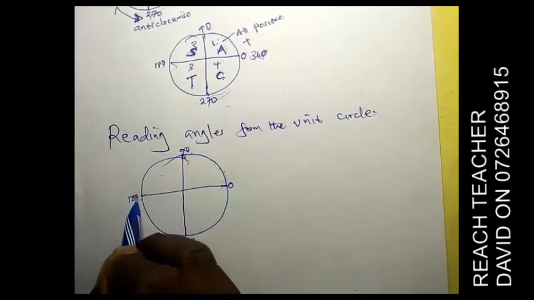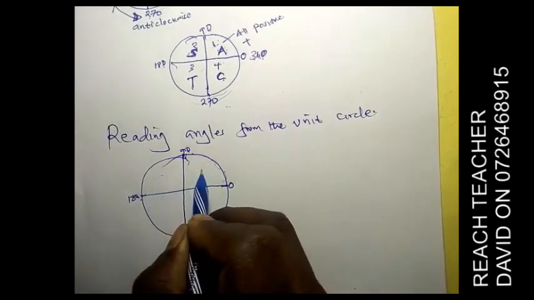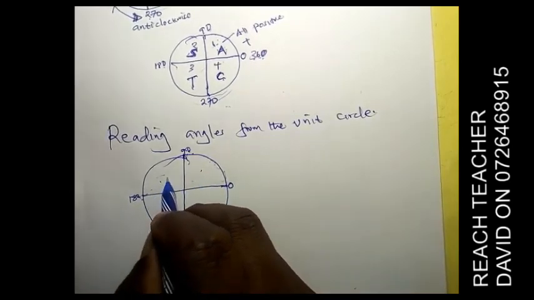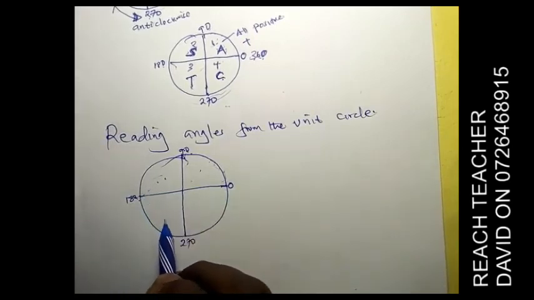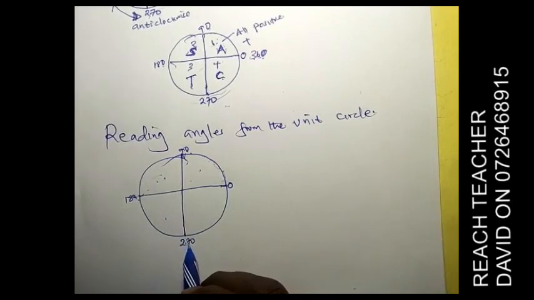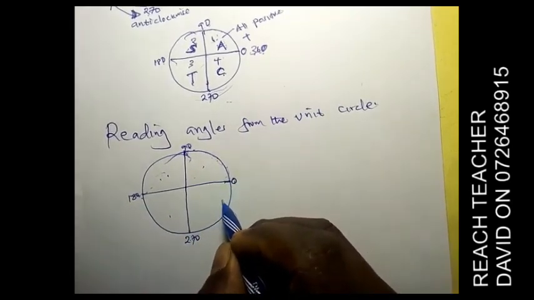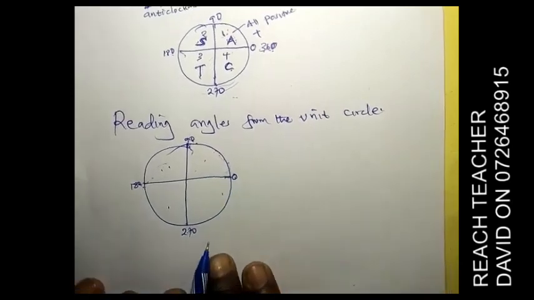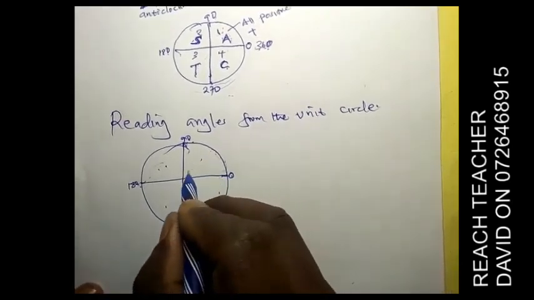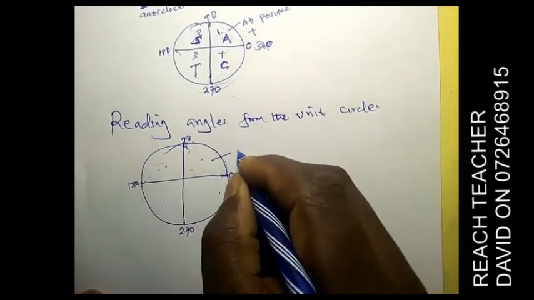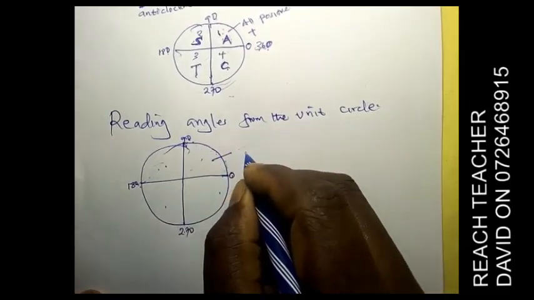When we go to the third quadrant, we have angles up to 270, and then finally up to 360 in the fourth quadrant. So how do you add the angles in the first quadrant? All of them, they are less than 90, right?